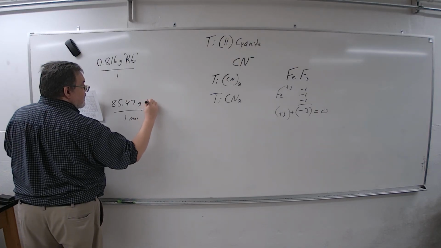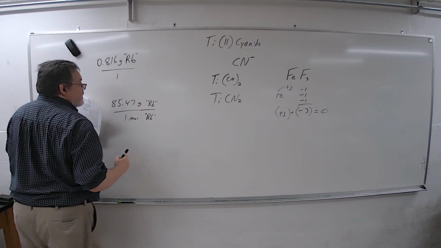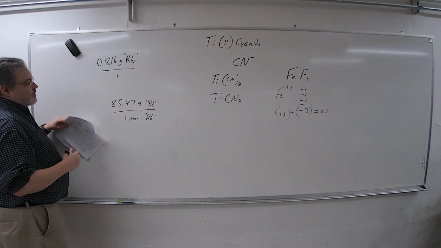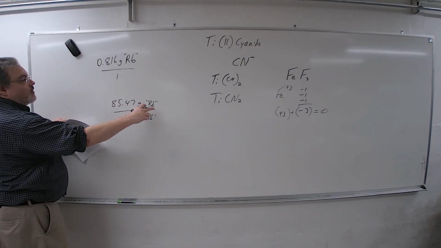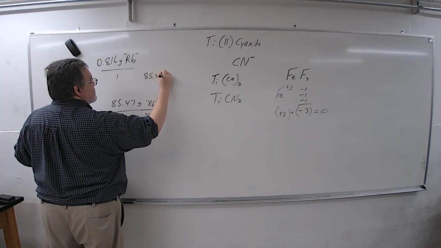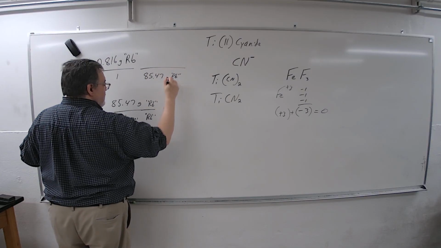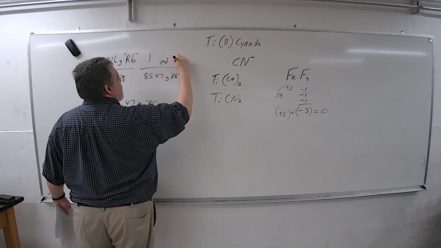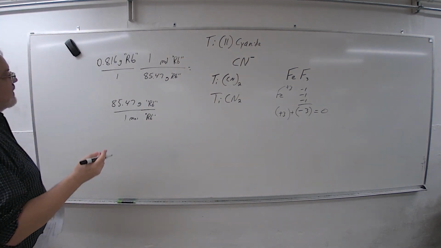Rubidium is... all right, so it wants to know how many moles. So I'm not going to use it like this. I'm going to use it flipped over so that the grams cancel. So I put 85.47 grams of Rb, 1.